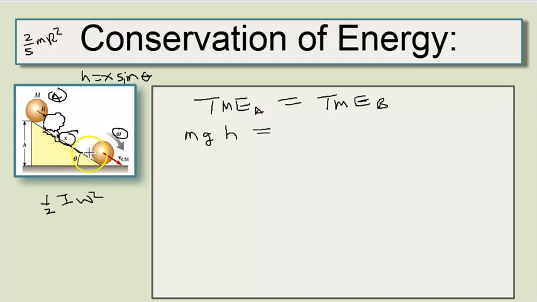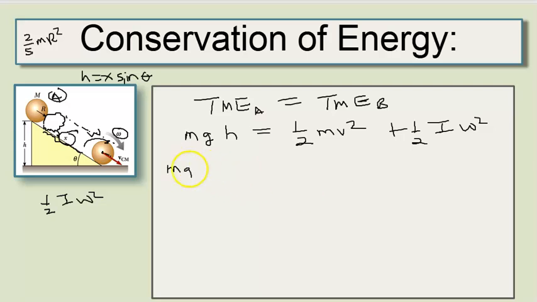At point B, I love to imagine an LED at the center of mass. It is moving through space in a line, so I have a linear kinetic energy term. It is also rotating, otherwise this would not be a hard problem, so you also have a 1/2 I omega squared term.